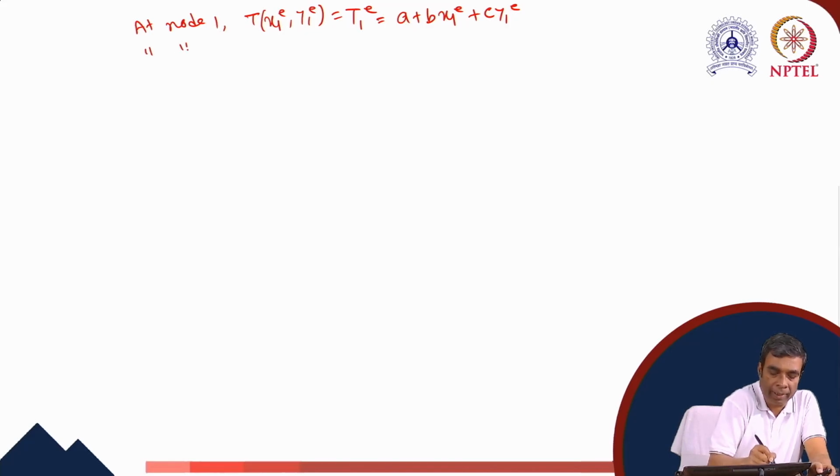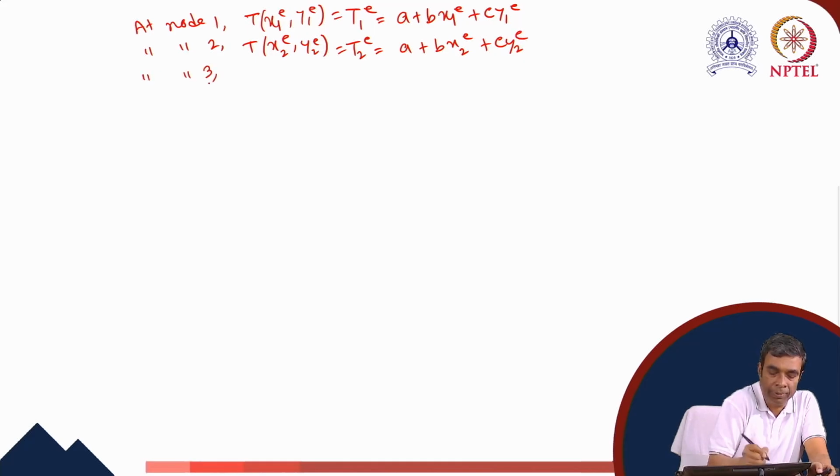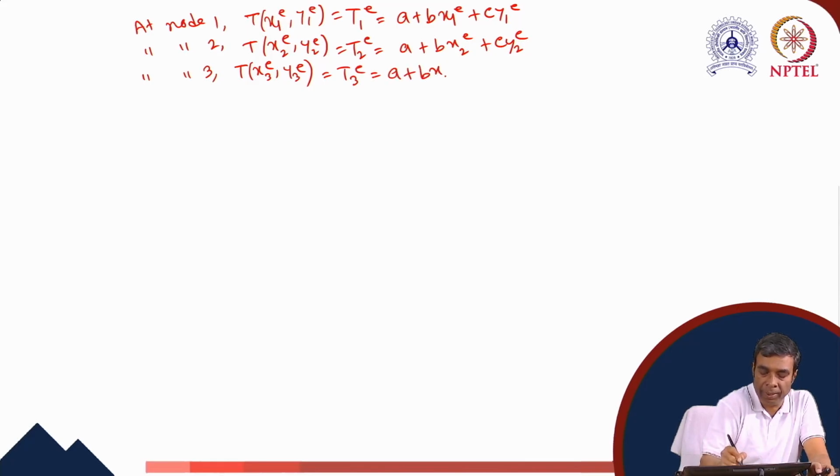Similarly at node 2, T at (x2e, y2e) equals T2e equals A plus B x2e plus C y2e, and finally at node 3, T at (x3e, y3e) equals T3e equals A plus B x3e plus C y3e.